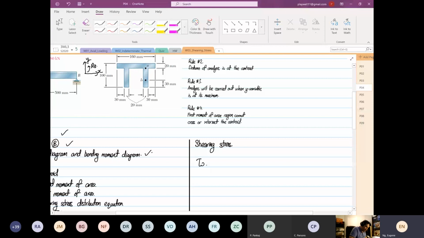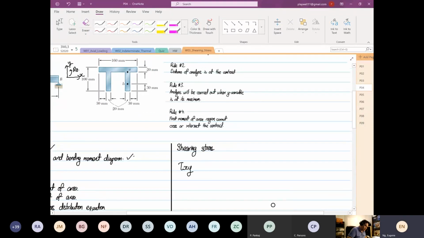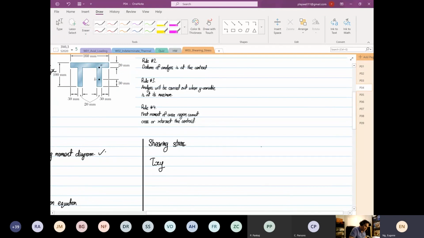If you cannot visualize this, we just draw the cube again. If this is our shear force acting in this direction, and if we were to draw our transformation, this is X, this is Y, and this direction is Z. So this space over here is your X plane.